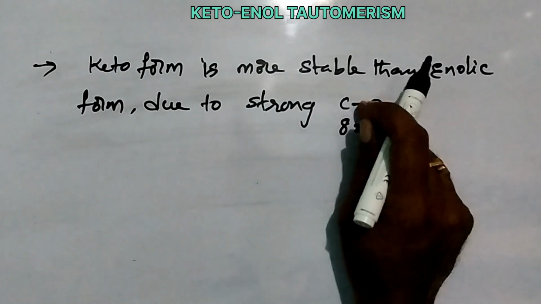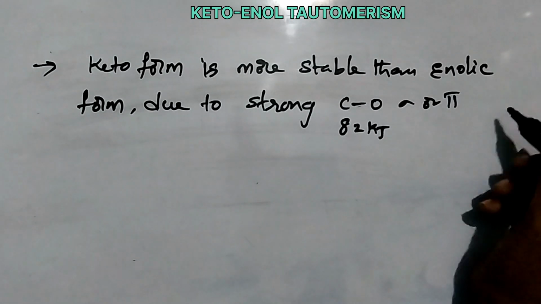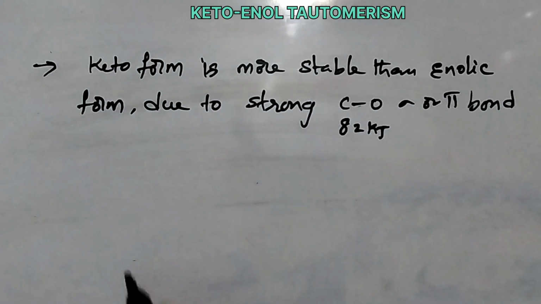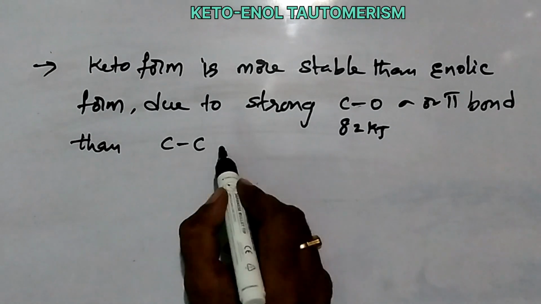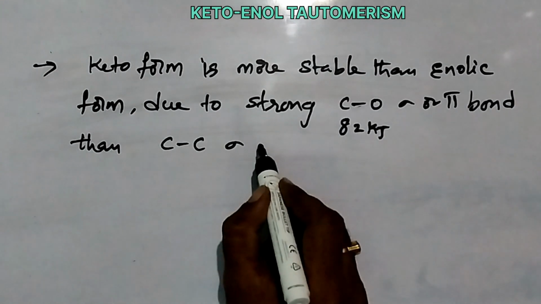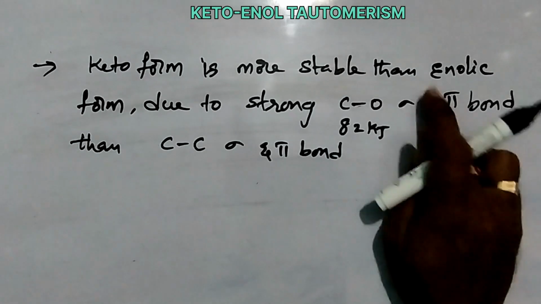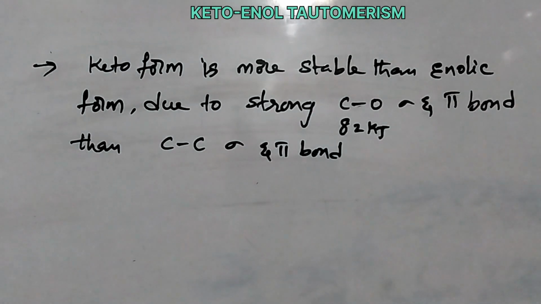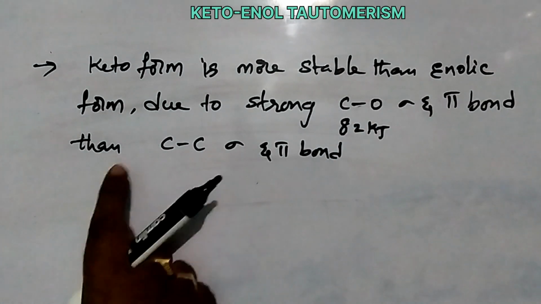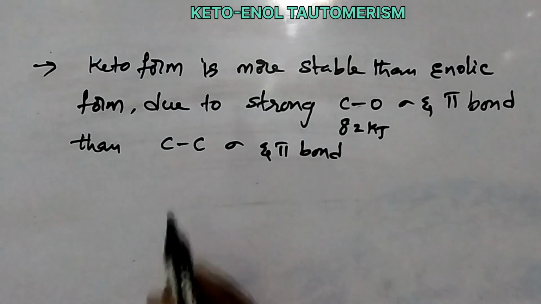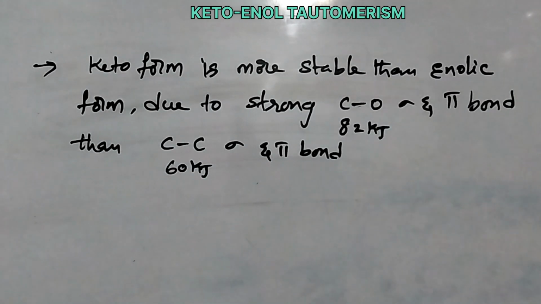Either sigma or pi bond, the C-O sigma and pi bond is stronger than the C-C sigma or pi bond, which has a bond energy of around 60 kilojoules, while here it is 82 kilojoules.